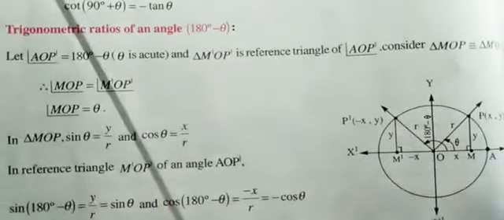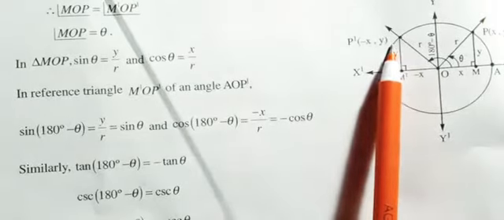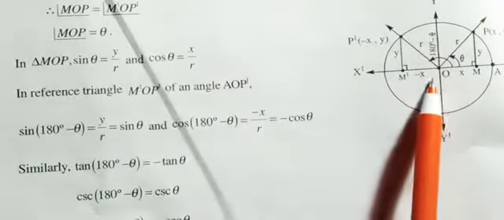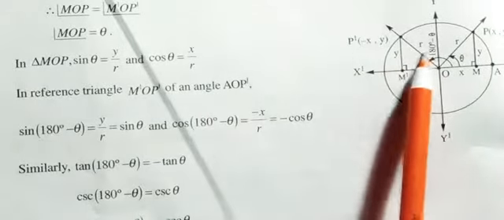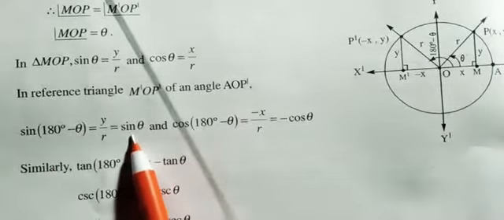In reference triangle M dash OP dash of an angle AOP dash, sin 180 minus theta is equal to y by r, obviously, that is equal to sin theta. So sin 180 minus theta is equal to sin theta. Cos 180 minus theta is equal to minus x by r, that is minus cos theta.